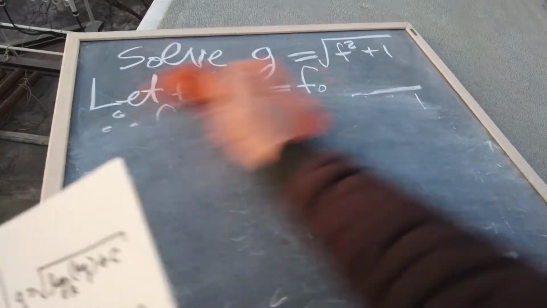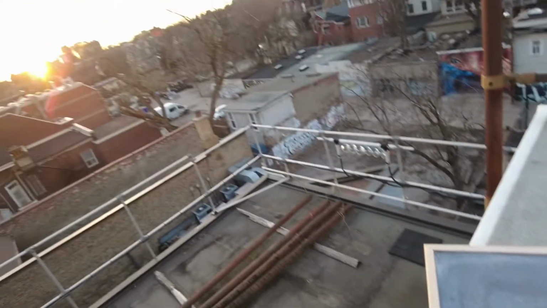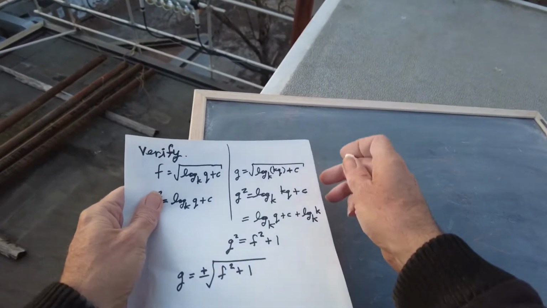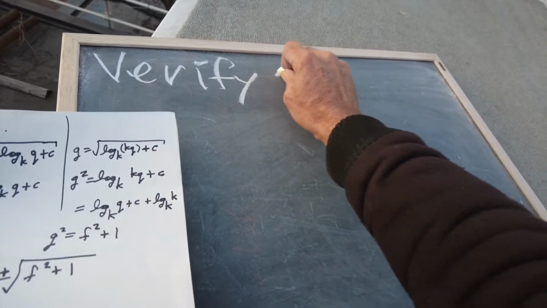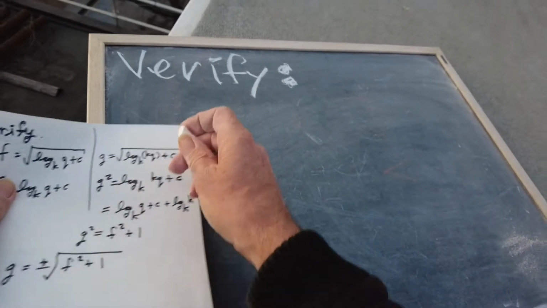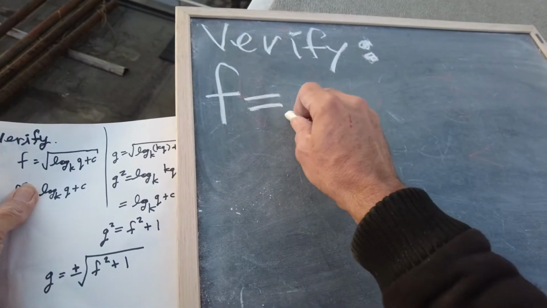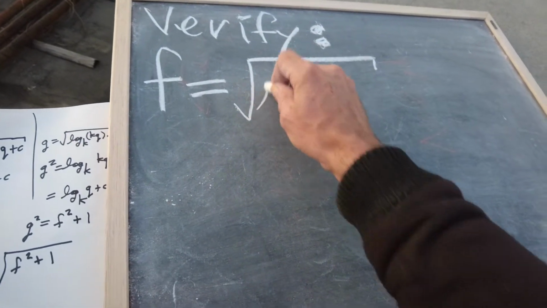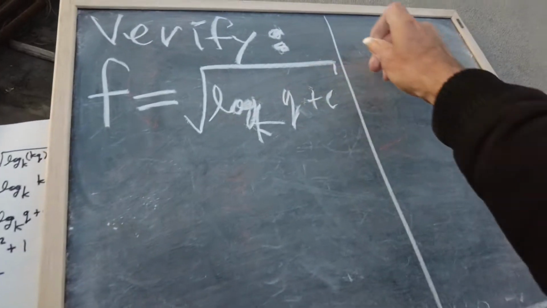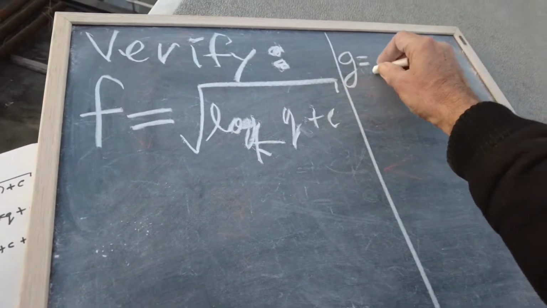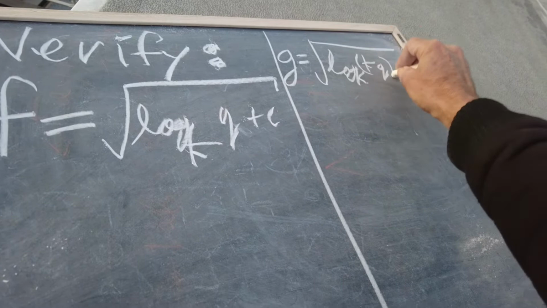So we'll verify that's a solution. We're going to say f equals the square root of log k of q plus c, and then over on this side we've got g equals the square root of log k of kq plus c.